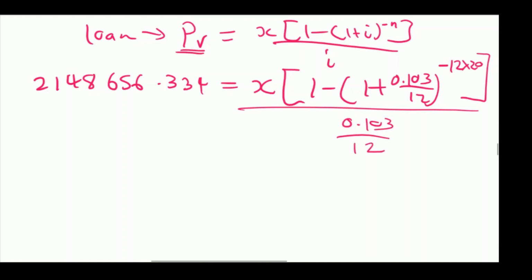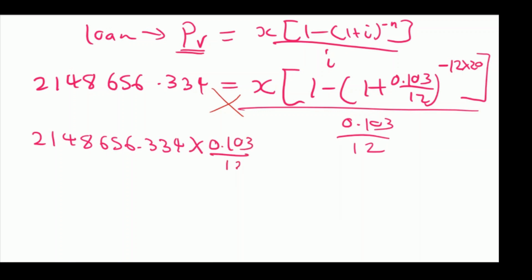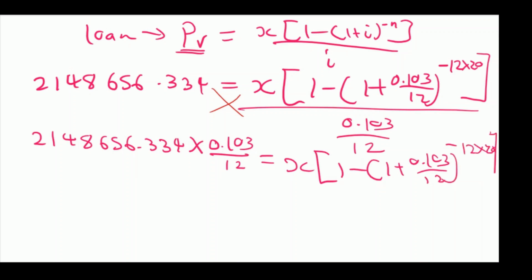Then we're going to cross multiply. So we will have 2,148,656.334 multiplied by 0.103 over 12 equals x into 1 minus (1 plus 0.103 over 12) to the power of minus 12 times 20, right?